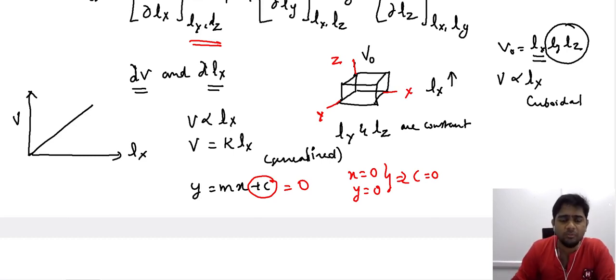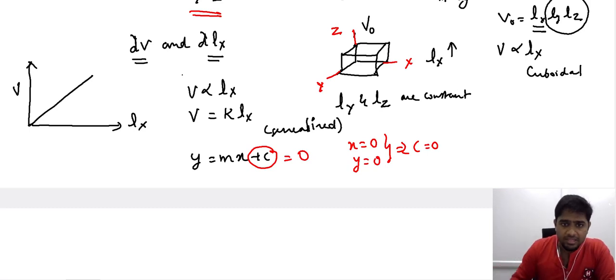The reason why we need to consider all this is because the K in this expression is equal to the M in this expression. So we have an expression relating volume and the dimension along a specific direction, and we have the equation of a straight line. Both these are of a similar form.